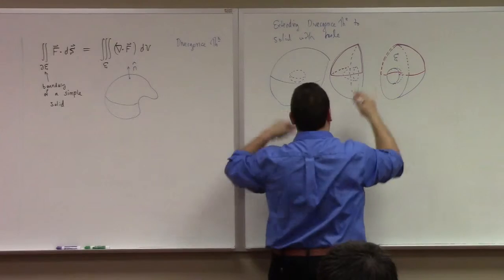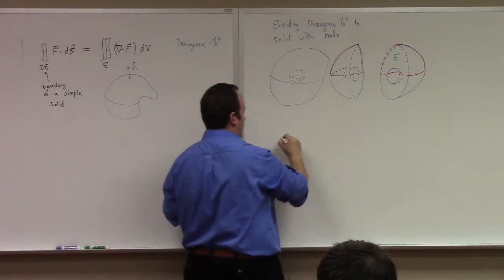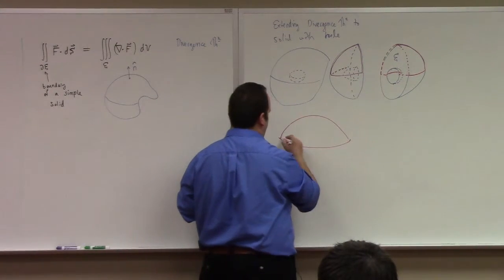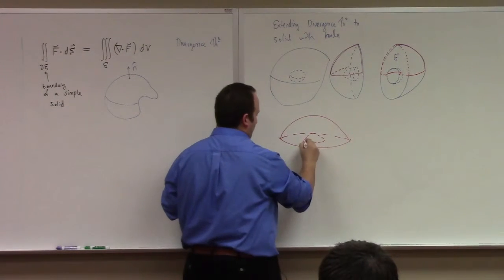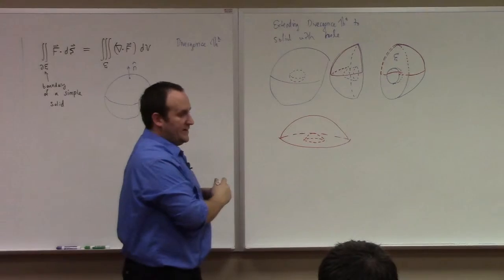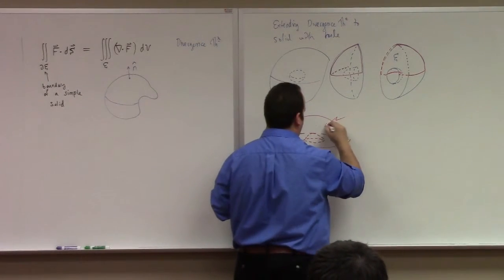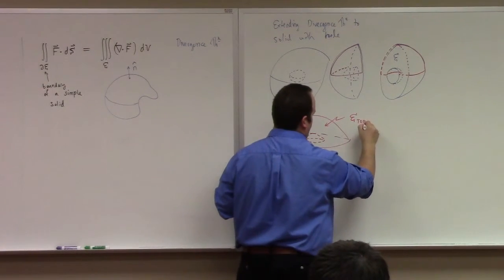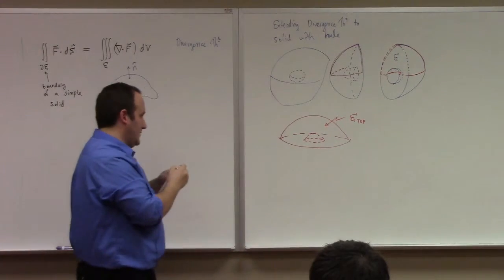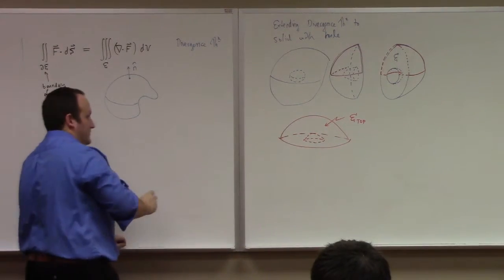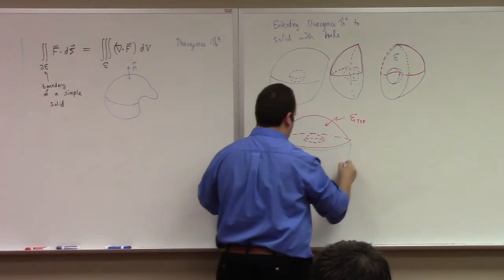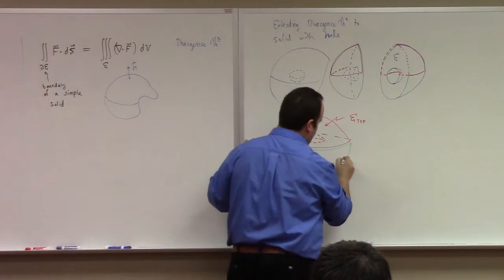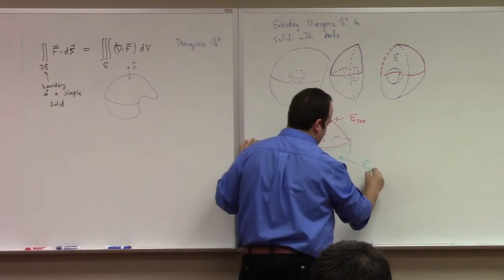So you can imagine you'd have basically just, say, E top, right? And you can imagine that you can cut it, and the other half you could call the base or whatever.